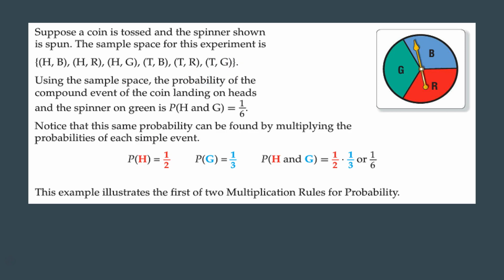Then, using the sample space, the probability of a compound event, the coin landing on heads and the spinner landing on green, is the probability of heads and green. Well, there's only one possible outcome for that. So it's 1 out of 6.